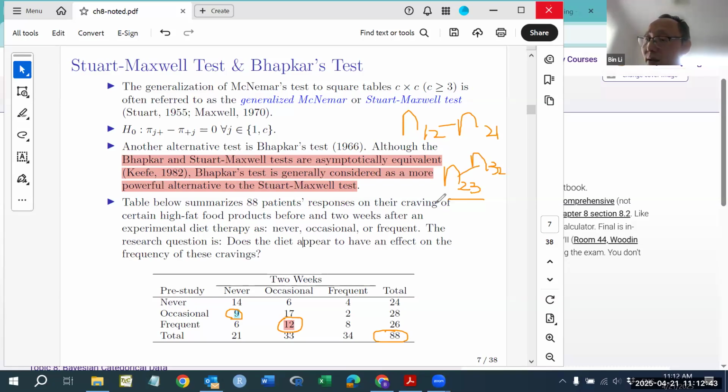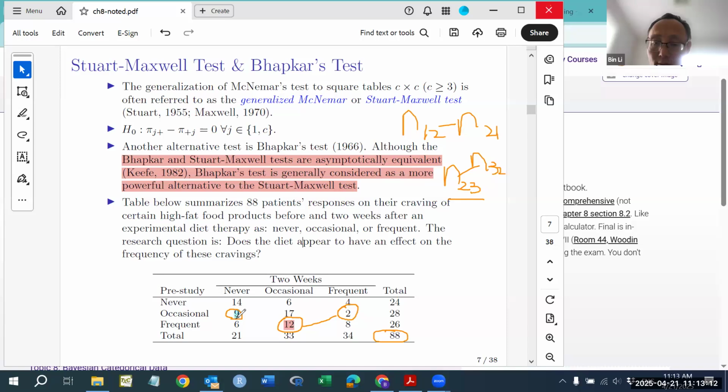You see that? So if we have 12 here, what is the baseline you want to compare? You want to compare with this one. This is the switching number for switching from occasional to frequent after the 2-week program. So you should compare 12 with 2.